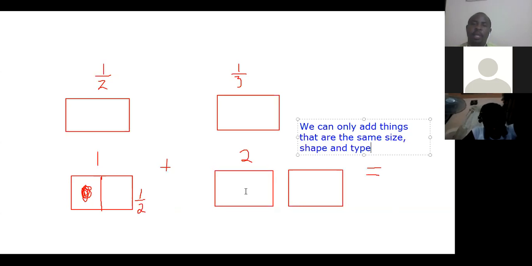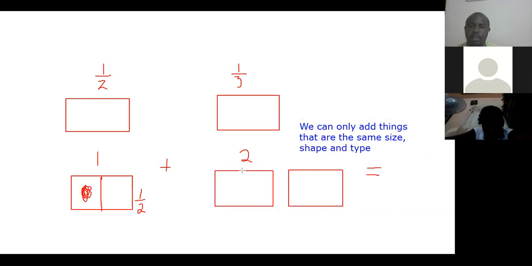What do you get when you add them? 2.5. Okay, but how do we add these procedurally? We do get 2.5, but if you look at them, can you add these two things naturally as they stand, just the way they are? No. But how else could we represent 2 wholes? 2 wholes, 2 halves.